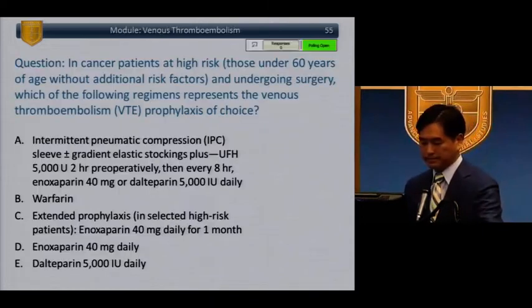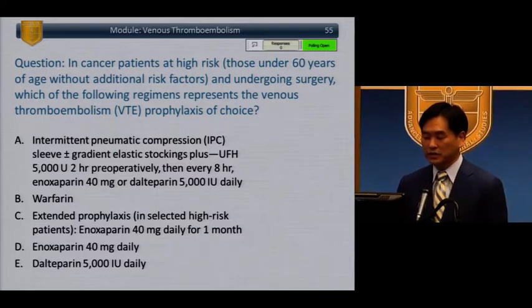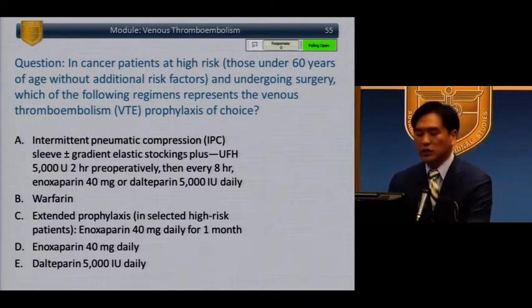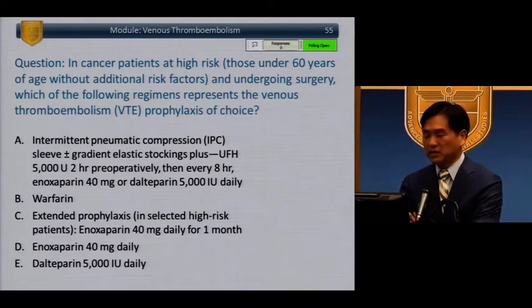VTE. Okay, in cancer patients, high risk, those under 60 years of age without additional risk factors and undergoing surgery, which of the following regimens represents the VTE prophylaxis of choice?